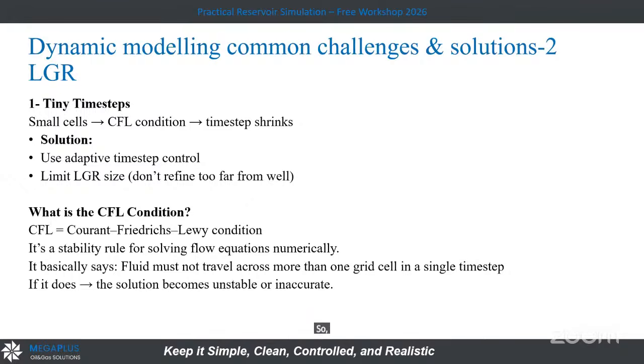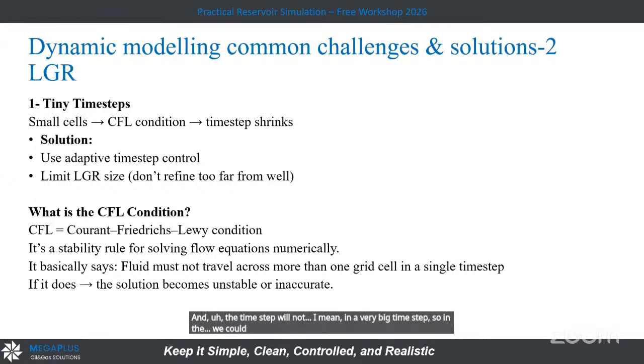So I have to take care of four things when I make these LGR: the tiny time step to avoid something called the Courant-Friedrichs-Lewy condition. What is this? Imagine if we have fine cells and a high time step. What will happen? The flow will change across the cell, and with a very big time step, we could have a flow in the cell not recognized by the time step.